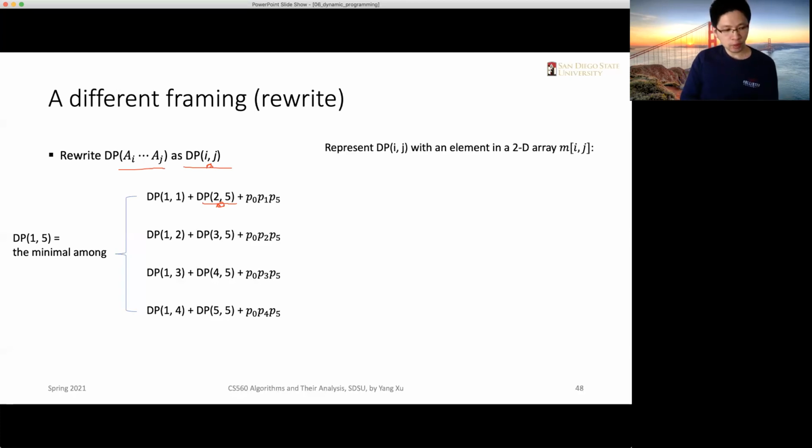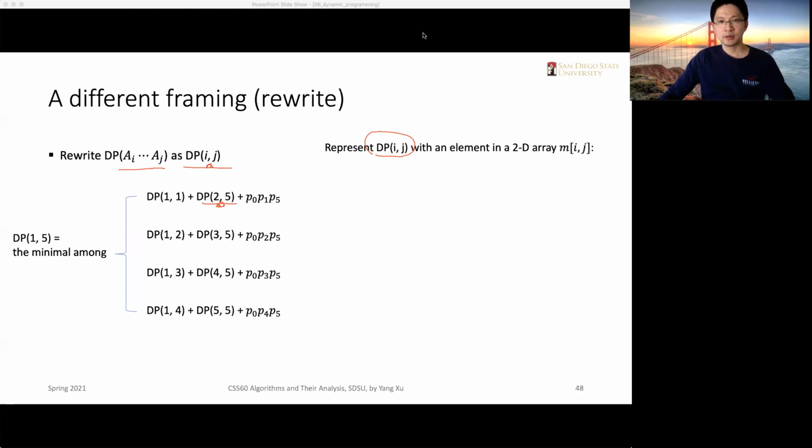At this point, it's already a very neat form. But why don't we use an even simpler form? We already use a very compact form, which is dp.